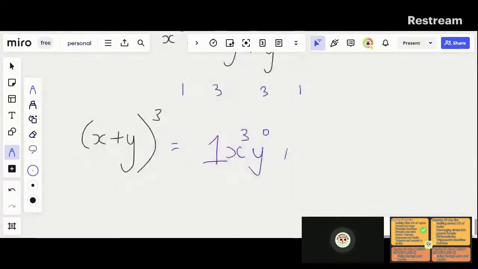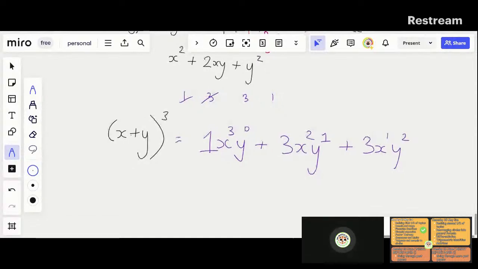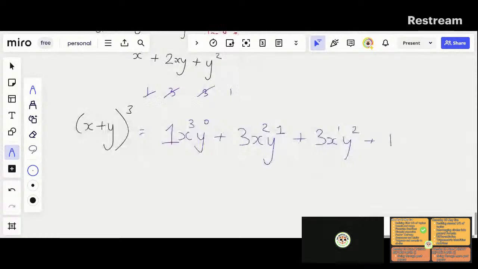Then your next coefficient, which is 3, times x to the power 2, since the x power is decreasing, and the y value increases from 0 to 1. Then we've got 3 again, so plus 3, x goes from 2 to 1, and y goes from 1 to 2. And then your final coefficient is 1, with x to the power 0 and y cubed, and that's your expansion.